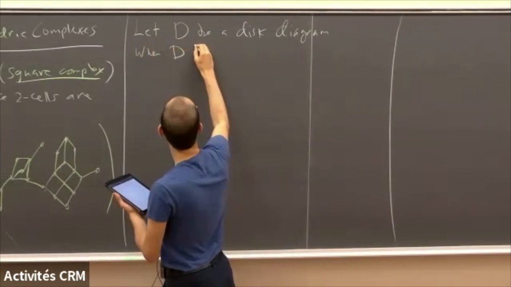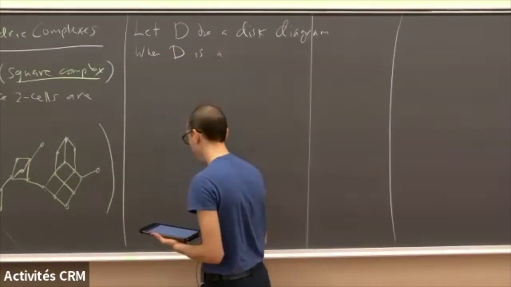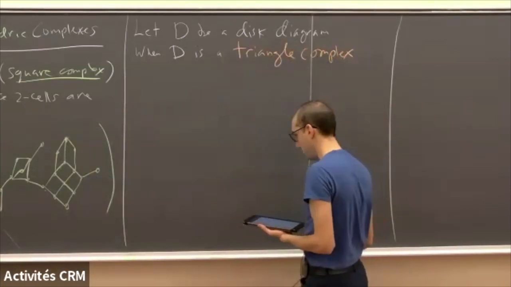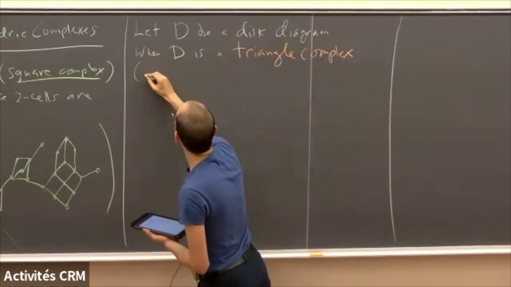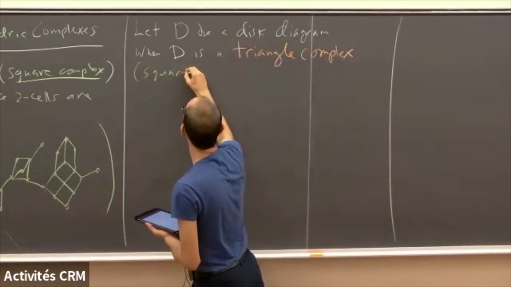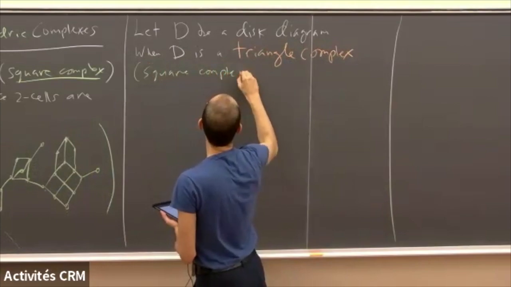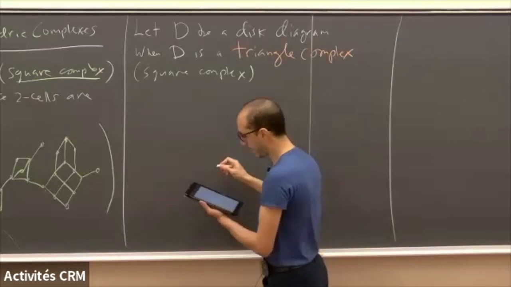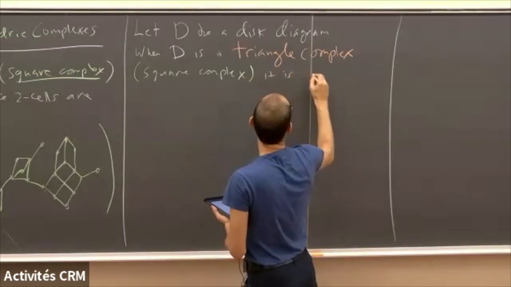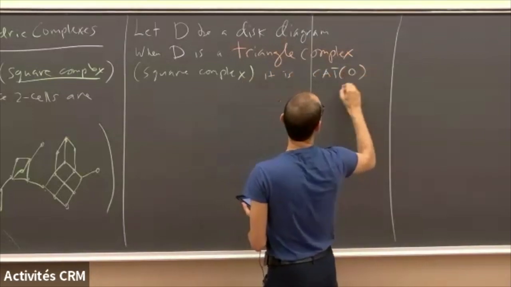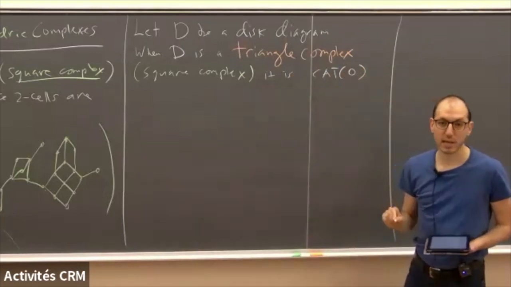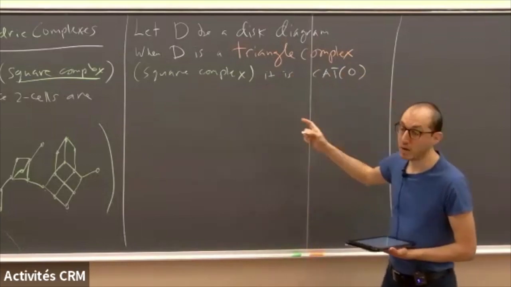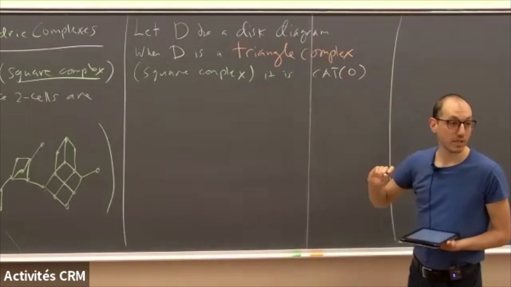When D is a triangle complex, respectively square complex, it is CAT(0). So you've heard about CAT(0) cubical complexes. In the case of a square complex, well, that's the same definition.